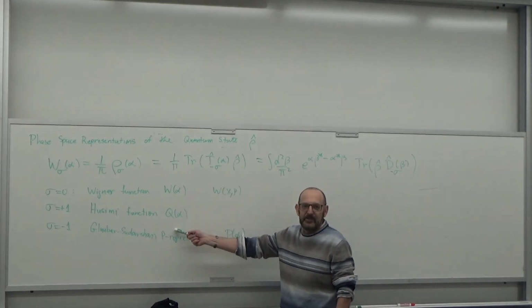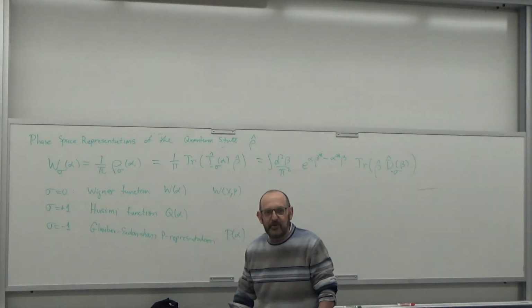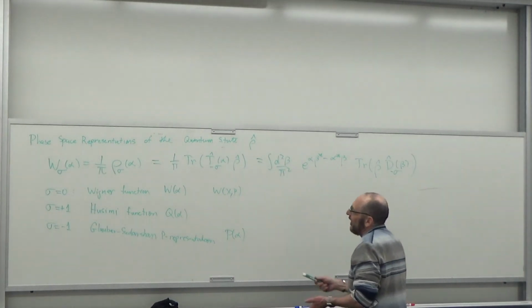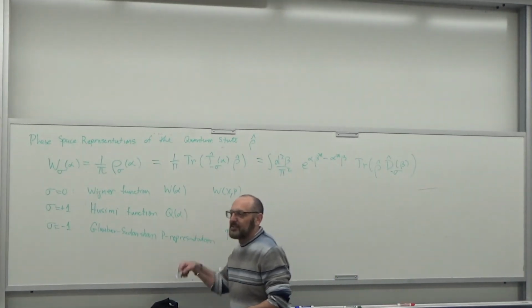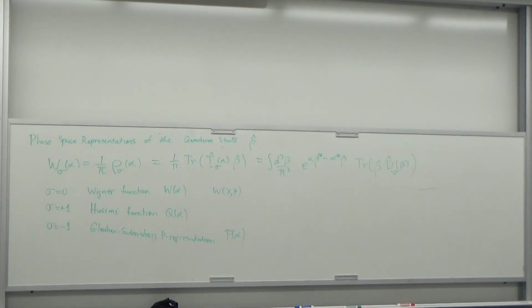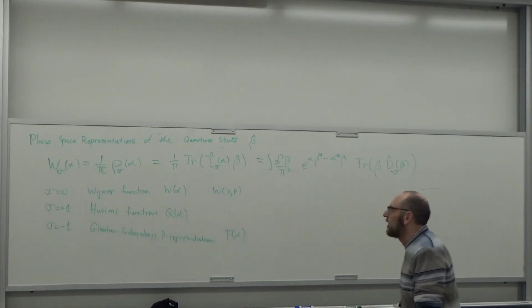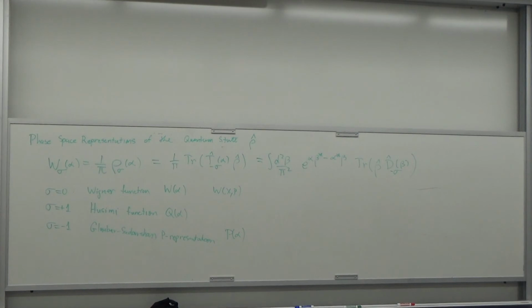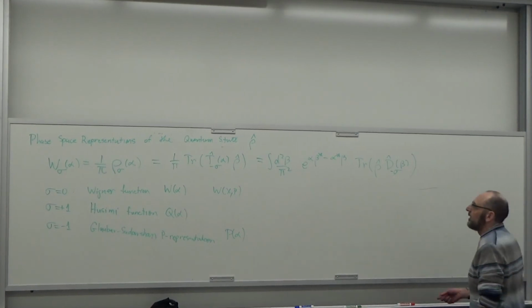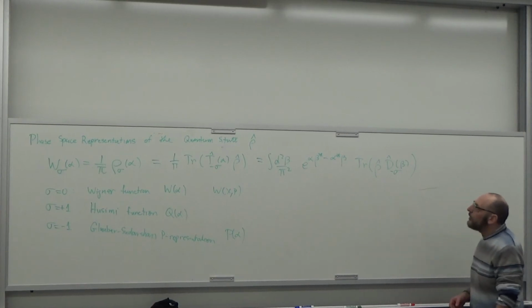God knows when Husimi wrote this down, probably in the 1940s, I don't know. And Glauber did this, well, with Sudarshan at the same time. Sudarshan did it separately in the early 1960s. They all seem to be different representations. And what we're going to see is they have different physical implications.